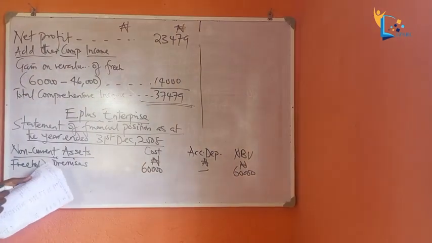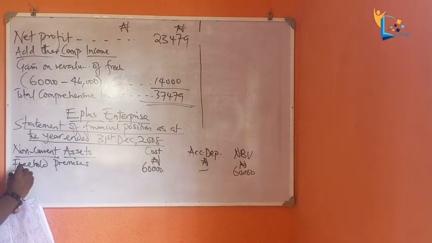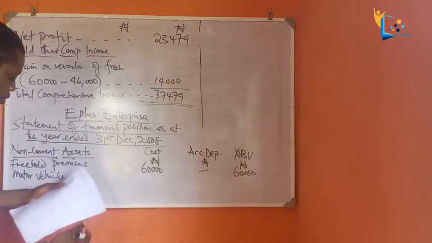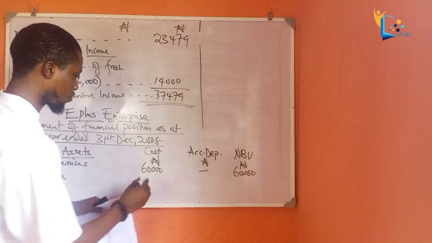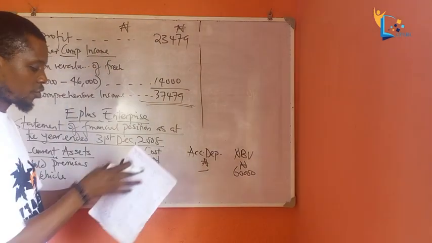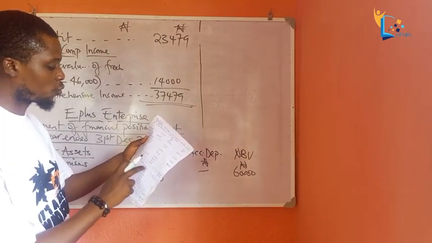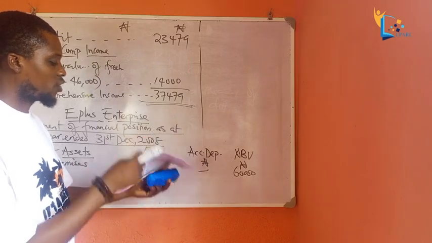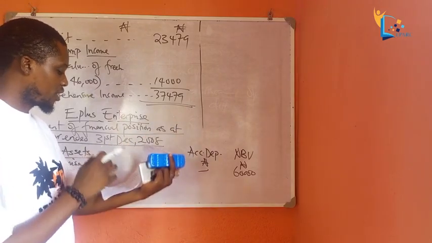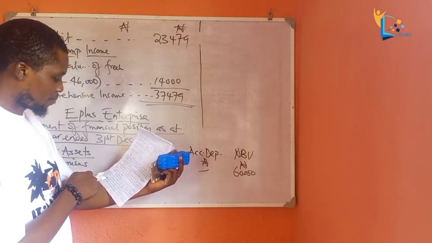Then the next non-current asset we have here is motor vehicle. Motor vehicle at cost is 12,000. Then depreciation: if you check the trial balance, we have provision for depreciation on motor vehicle 4,500. Then on the additional information, we have depreciation on motor vehicle as well.